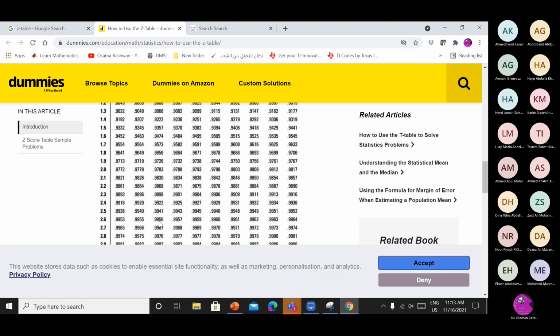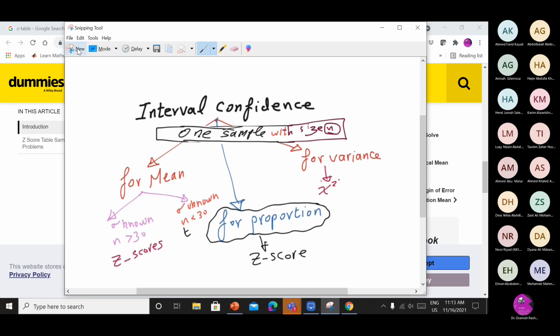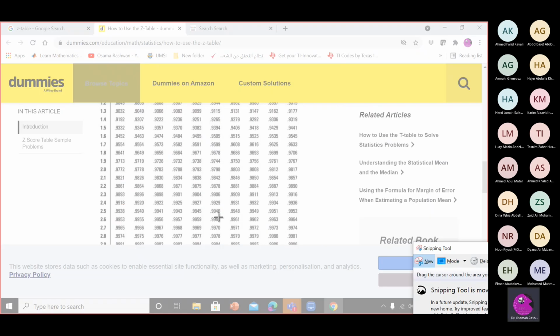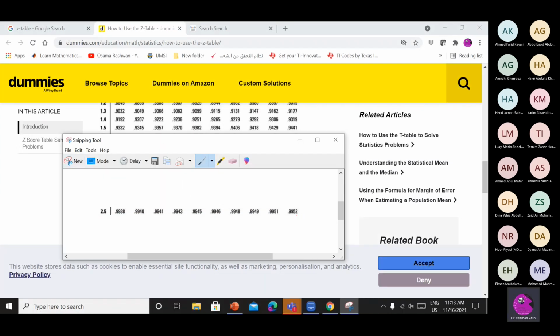No. Very close to this one. I will catch it with the snipping tool. I'm looking for 0.995. I don't have exactly 0.995, but I have a very close one.